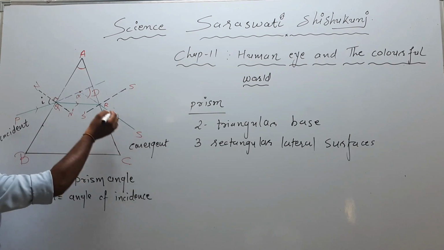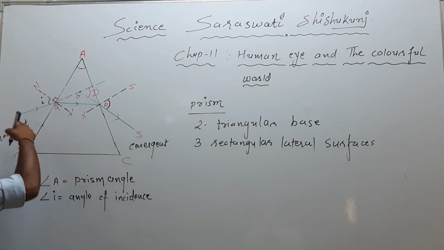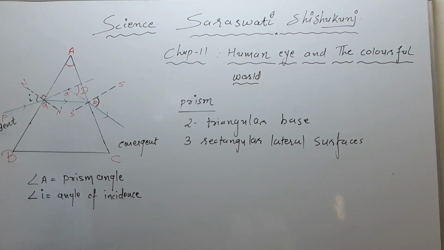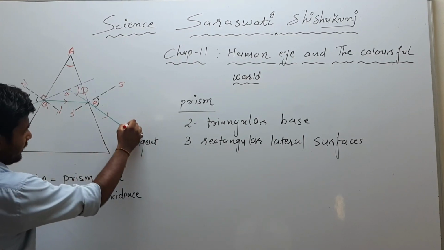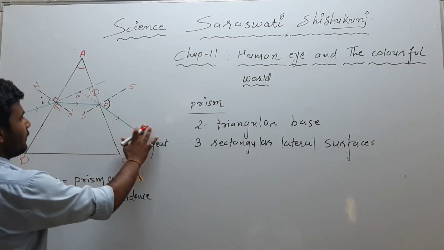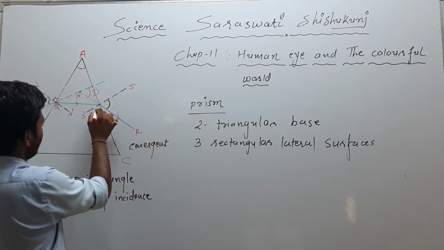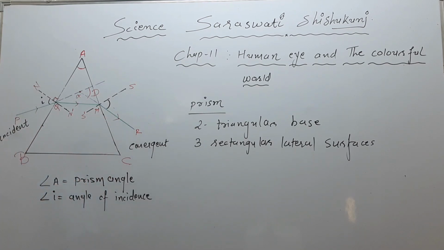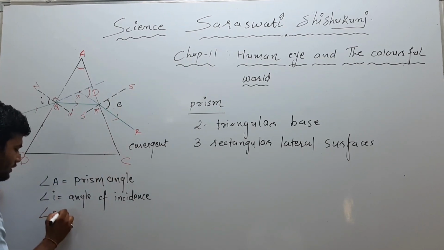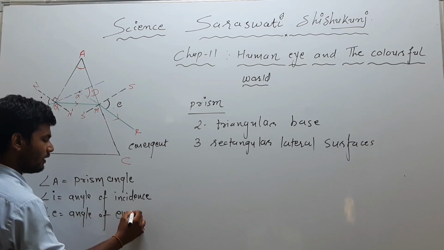On the other hand, this angle SRN, I am writing here R and here N, this is angle e, the angle of emergence.